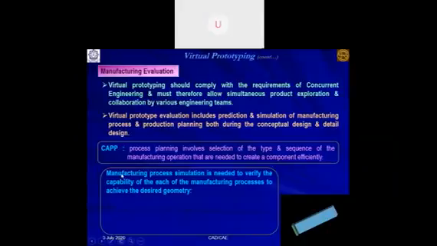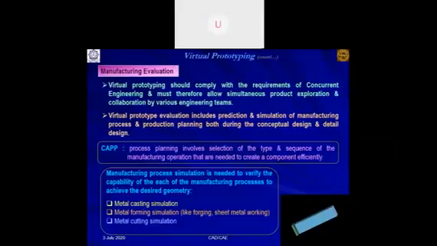For that, there are metal casting simulation tools and metal forming simulation tools. For casting simulation, obviously CFD will be used. It is based on computational fluid dynamics. But the metal forming simulation is based on finite element analysis, and there is also metal cutting simulation, which is also in finite element analysis.